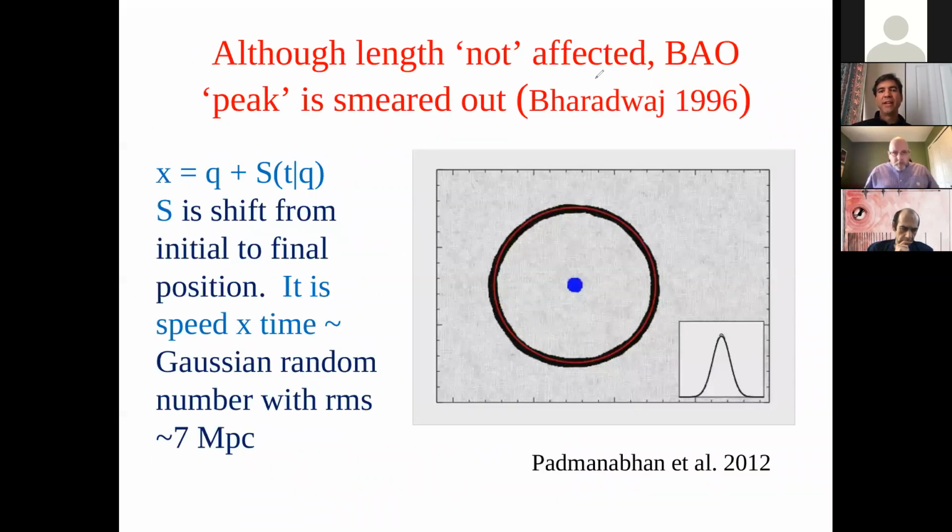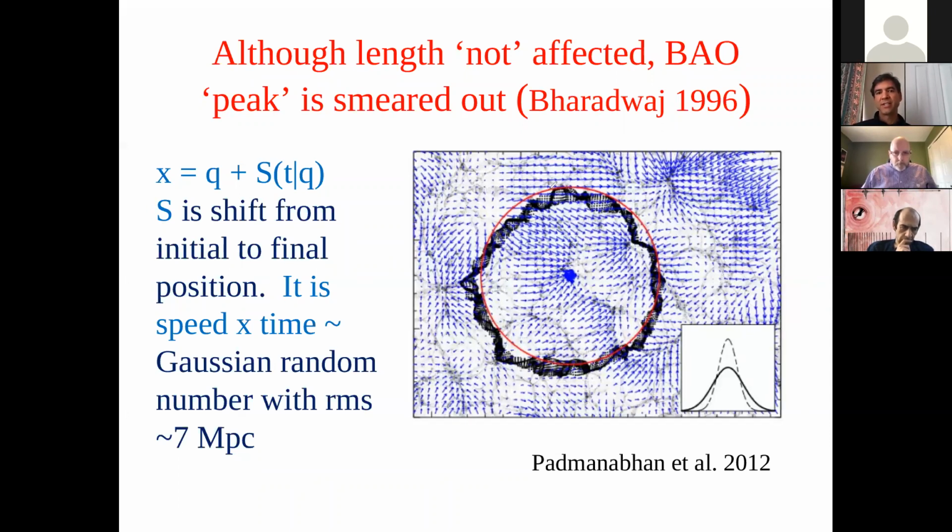There was a very nice illustration of this about 10 years ago by Nikhil Padmanabhan, where they did a simulation and they highlighted, with a bunch more particles, a spherical patch, and they watched how it evolved as time goes on. By redshift 0, that patch has distorted a little bit, but is still pretty much the same size. Okay.